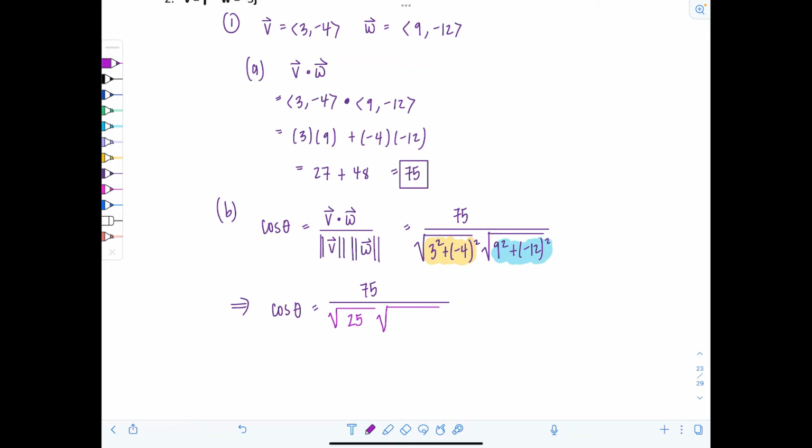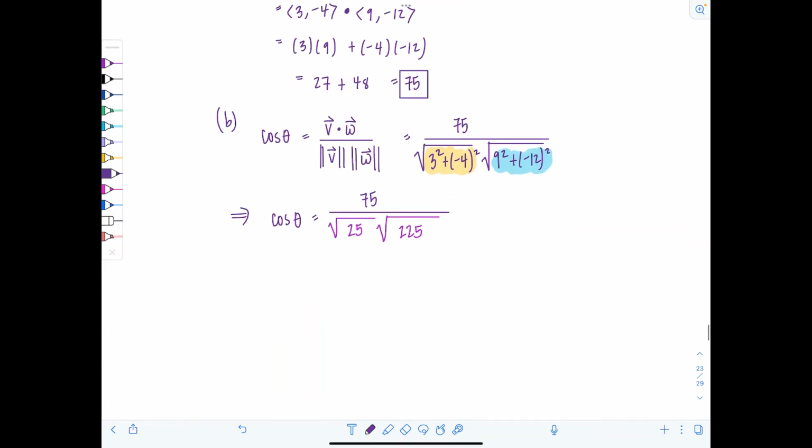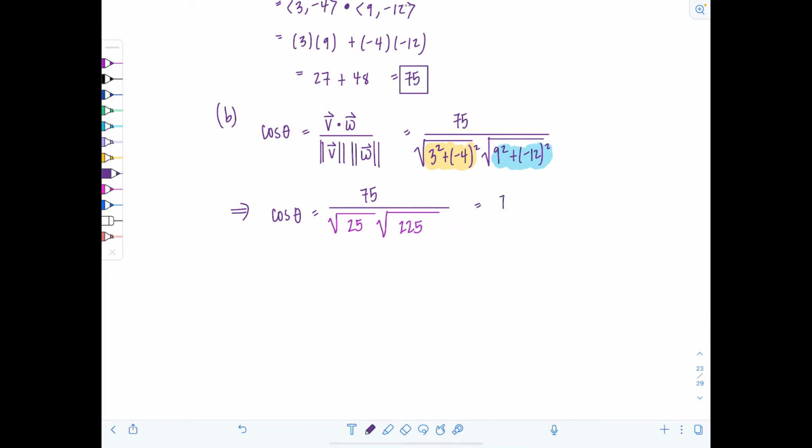What is that? Why, yes, it's 225. And then we end up with now 75 over square root of 25 is 5, square root of 225 is 15. Why, yes, it's 75 over 75.